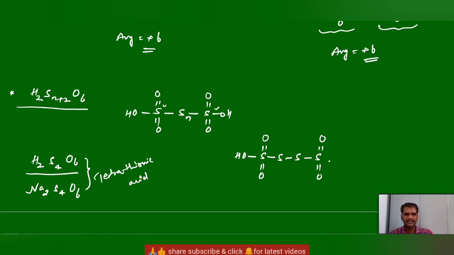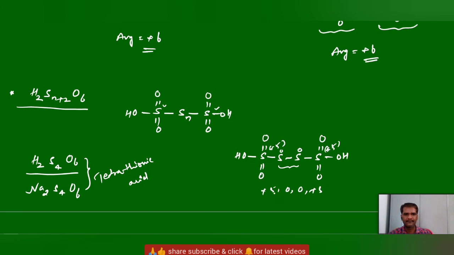For oxidation state calculations, this one is tetrathionic acid. If you take sodium tetrathionate, in place of hydrogen we will take sodium. For the oxidation states, these two sulfurs are bonded with the same type of atom, so the oxidation state here is 0, and this sulfur is plus 5, and this sulfur is plus 5. Out of 4 sulfurs, the oxidation states are plus 5, 0, 0, plus 5.